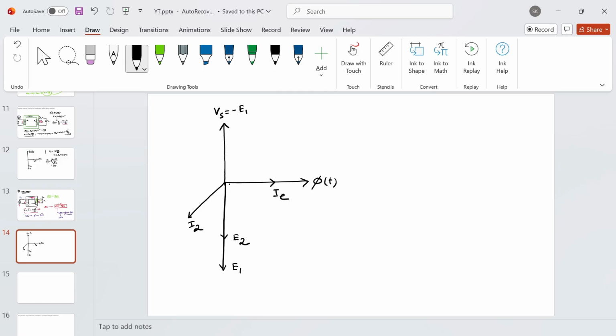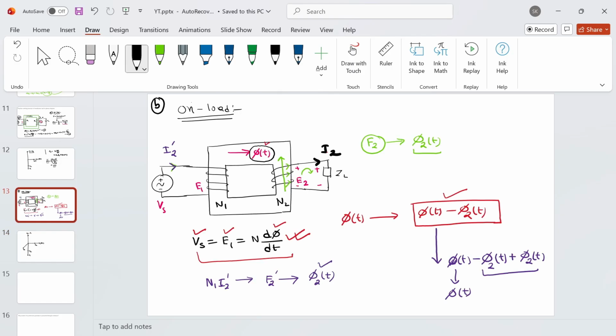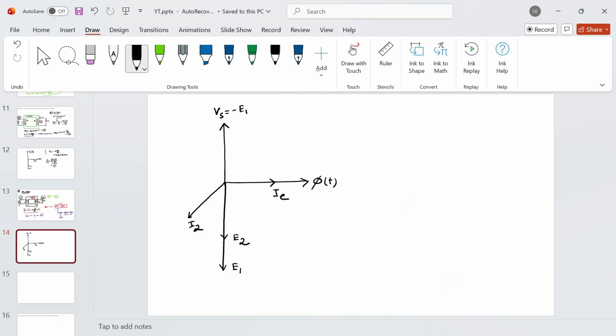This current I2 and this current I2 prime must be opposing in nature to nullify the effect of flux created by the secondary circuit. So to show that, I have to draw current I2 prime in the opposite direction.